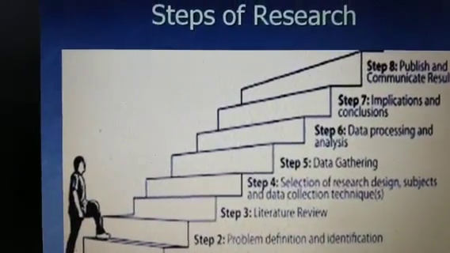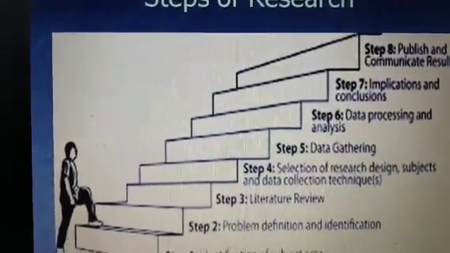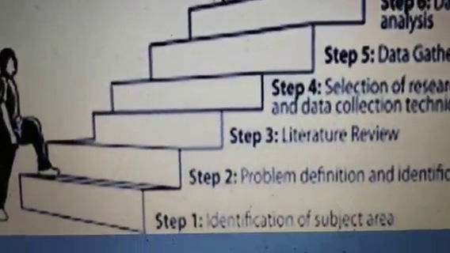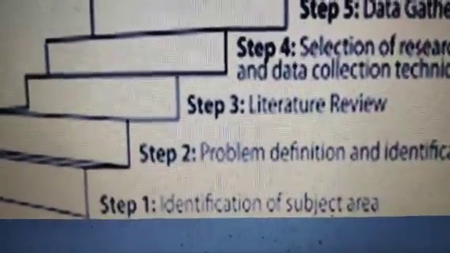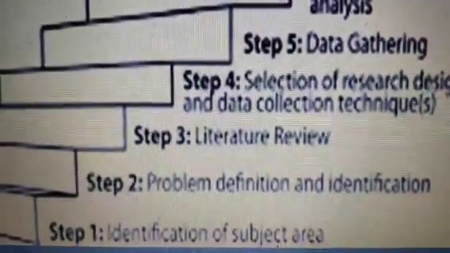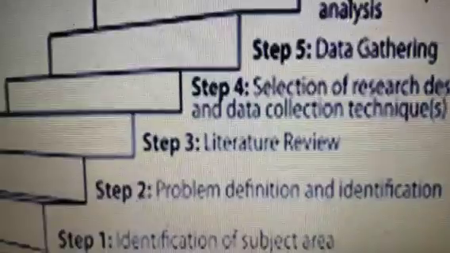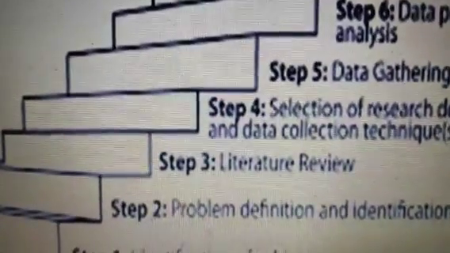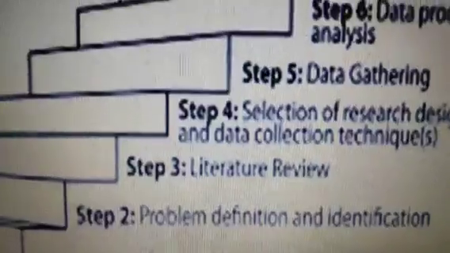And you may say that there are various steps in this figure prepared like stairs. The first step is identification of subject area. Second step is problem definition and identification of the research area. And the third one is very much important, which I will deal with today, is a literature review.